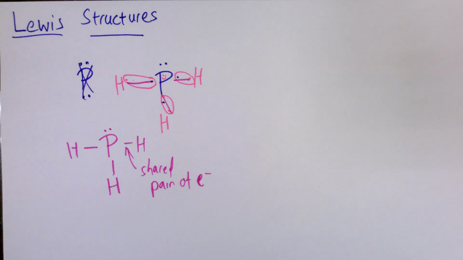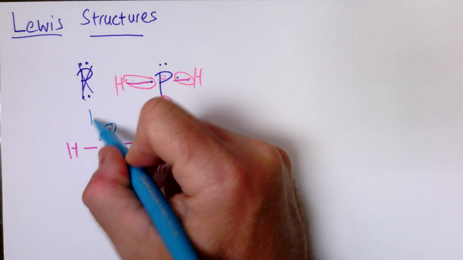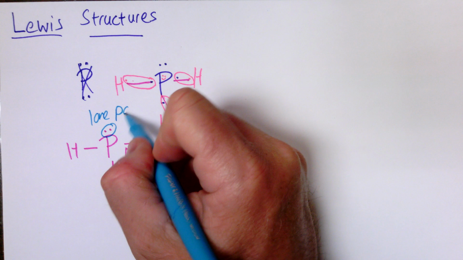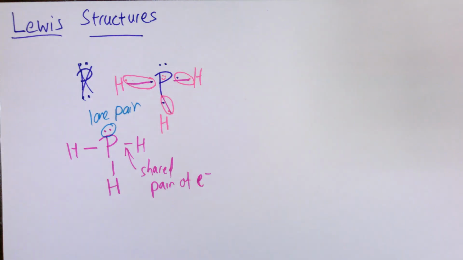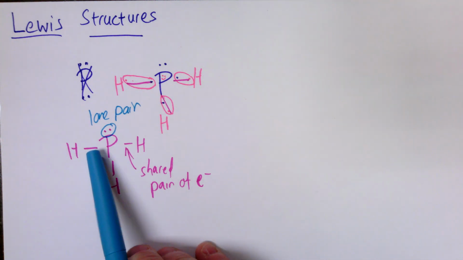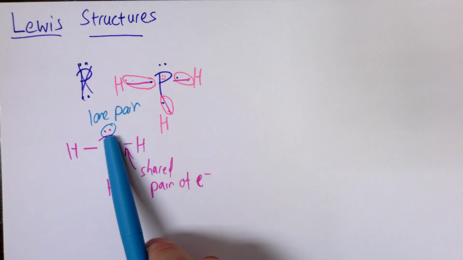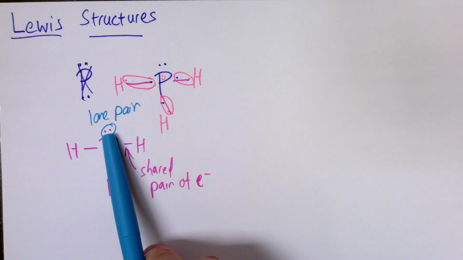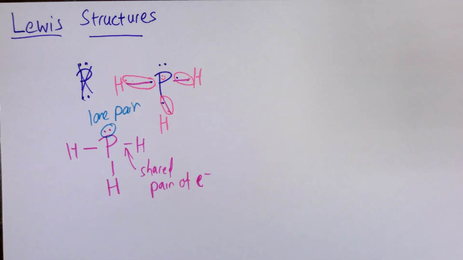Notice that phosphorus still has what we call a lone pair of electrons. So each line is a shared pair. So that's 2, 4, 6, 8 electrons around phosphorus, satisfying the octet rule.